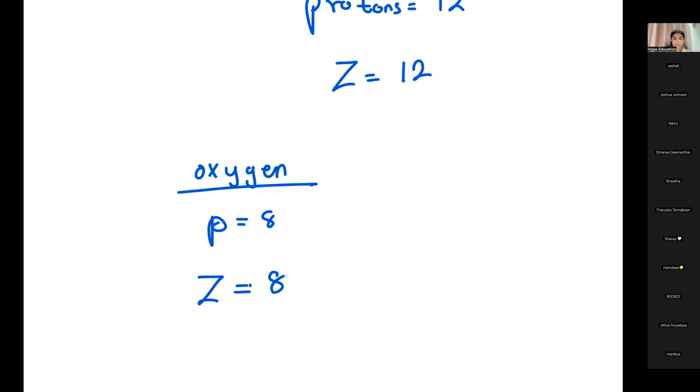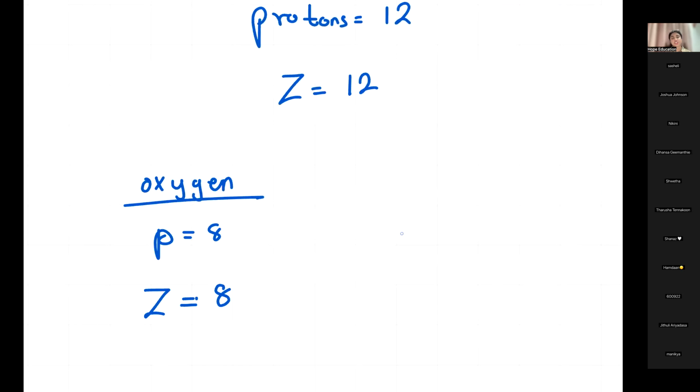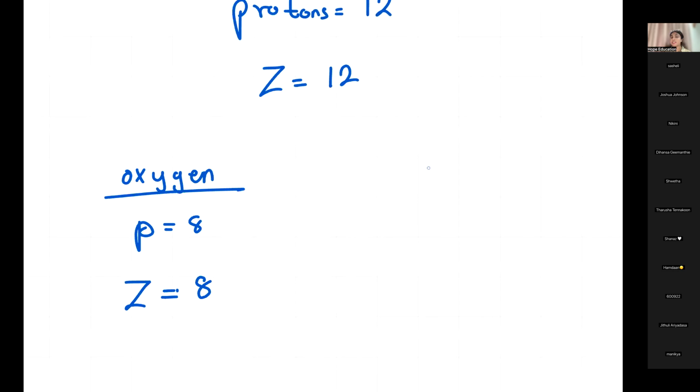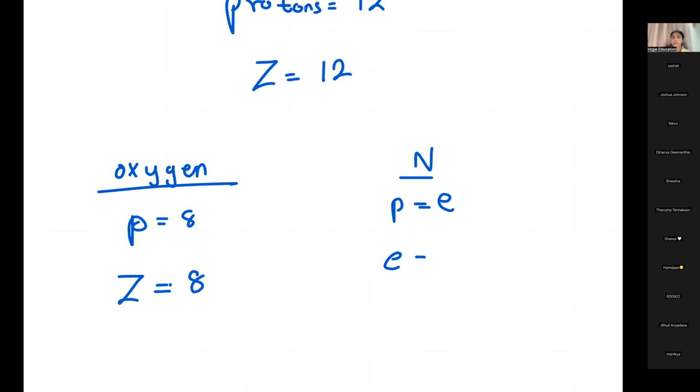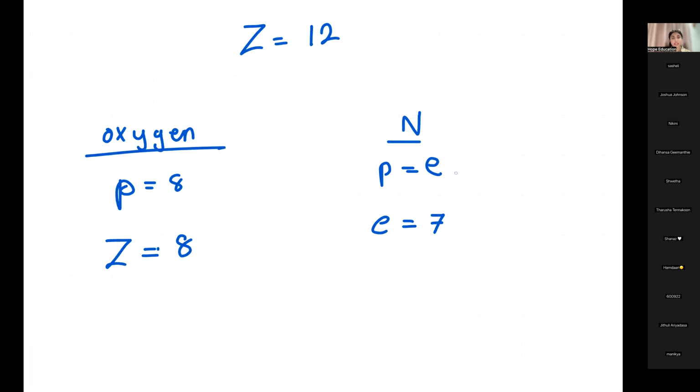Then in certain atoms which do not have a charge, for an example, if you take nitrogen, the number of protons is equal to the number of electrons. So if I say nitrogen has 7 electrons, since protons and electrons are equal, protons would also be 7.